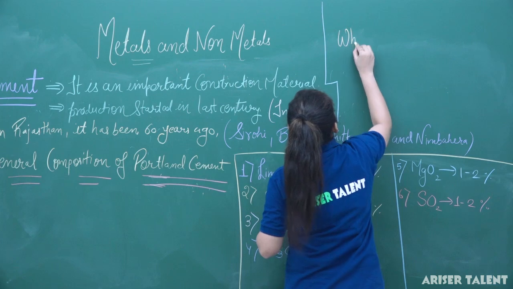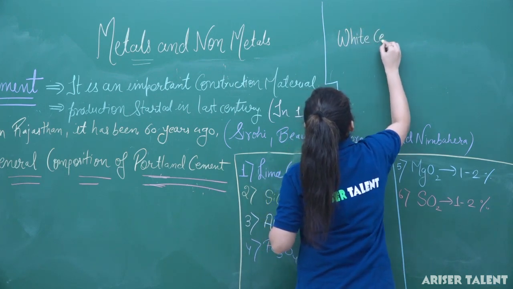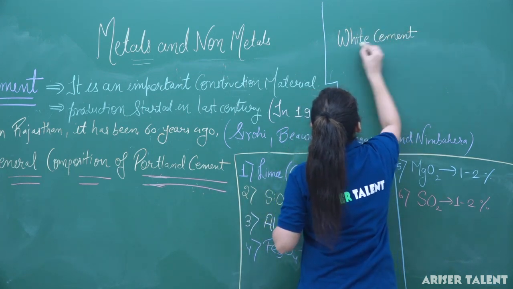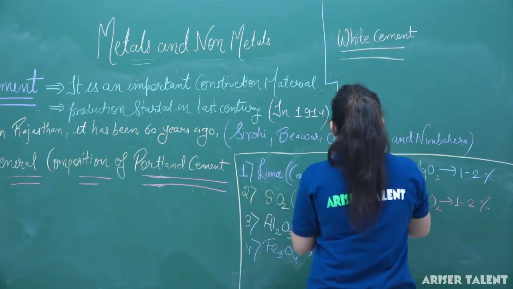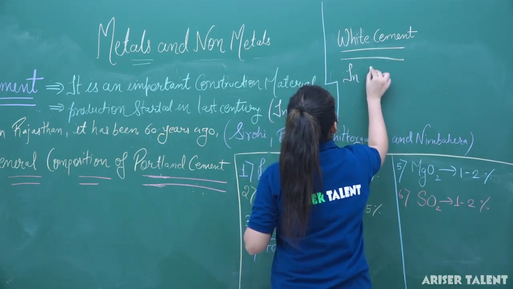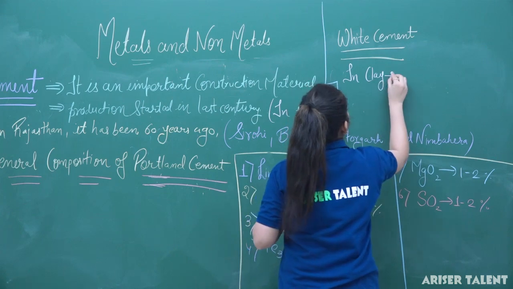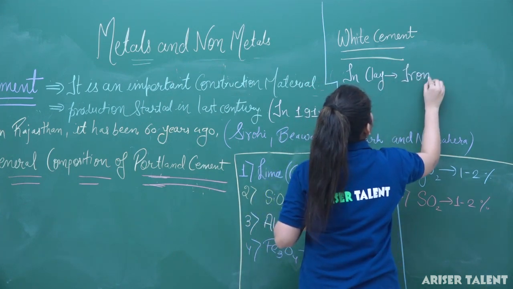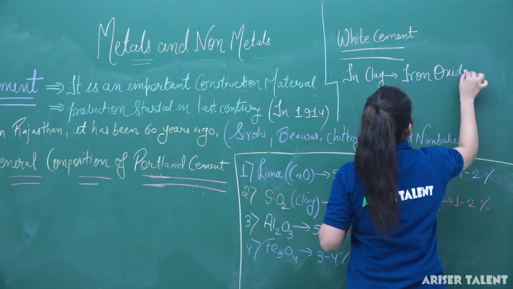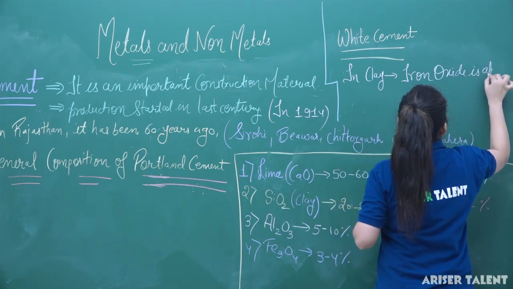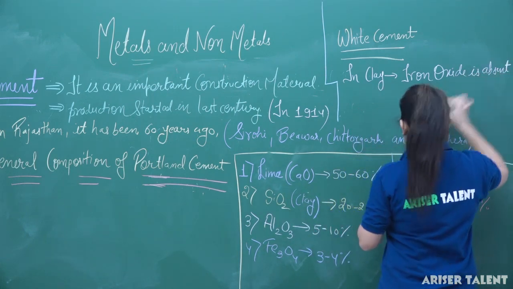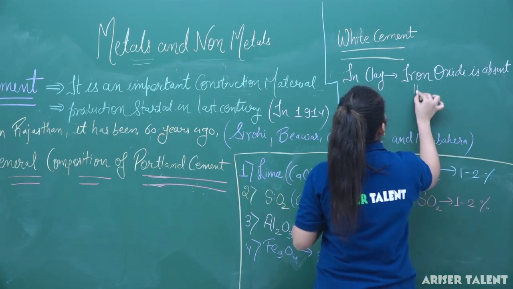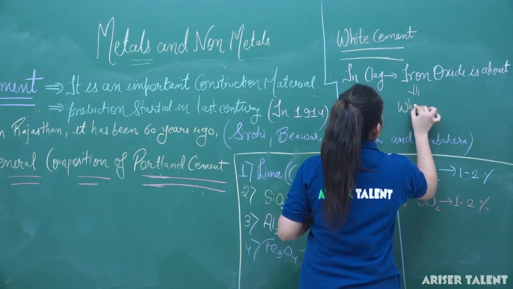If in clay iron oxide is absent, it is termed white cement.